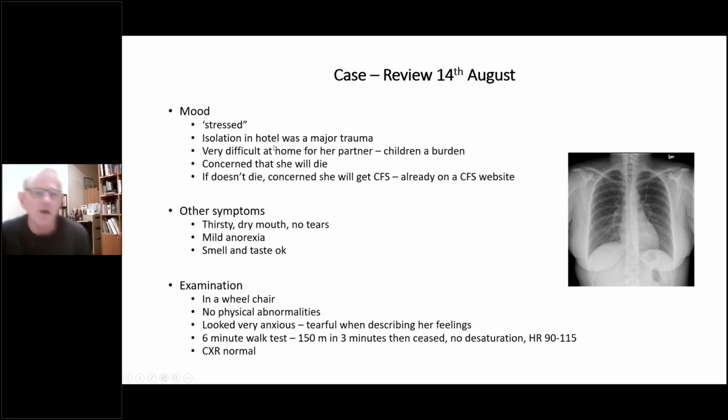Interestingly, she'd been isolated in the hotel as part of her illness because of her young family, and she found this a major trauma, and it might be a recurring theme that you've come across.